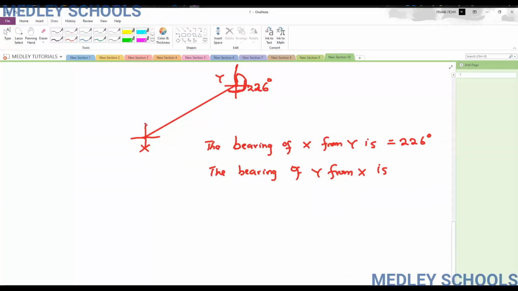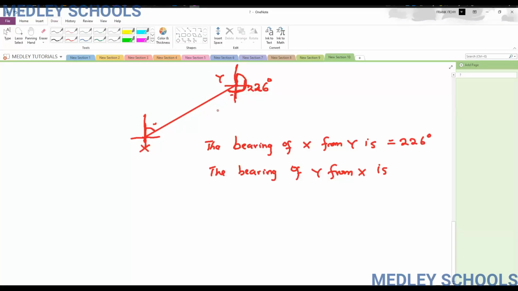That is from north to the line that comes from Y. This is what we need. But before we can find this, we need this place, because these two angles are alternate angles. Now if from here to here is 90 and from here to here is 90, that means this straight line is 180.